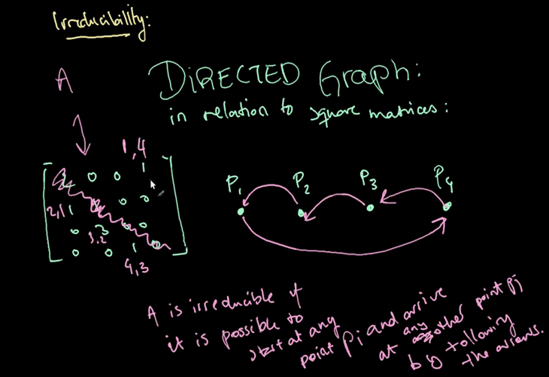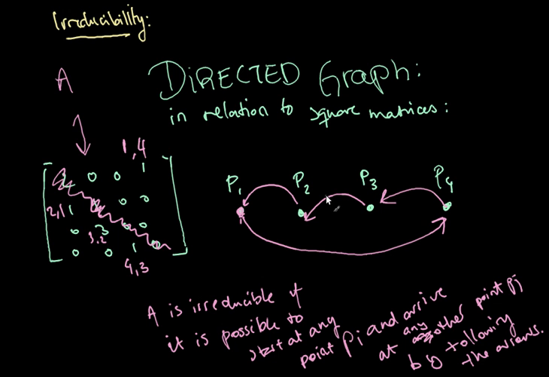Now, another way to say it is if we start in one point, then it's okay if, for only one point, we're able to find a cycle of arrows that runs through all the other points before it returns to the point we start in. Then by default, if you start in any other point, you'll be able to arrive at any other point.